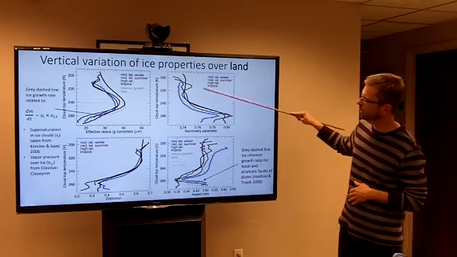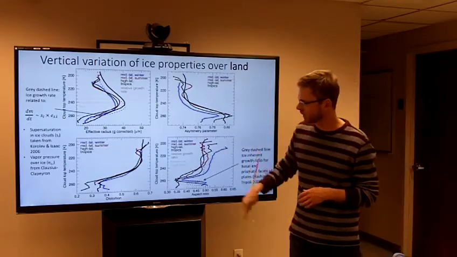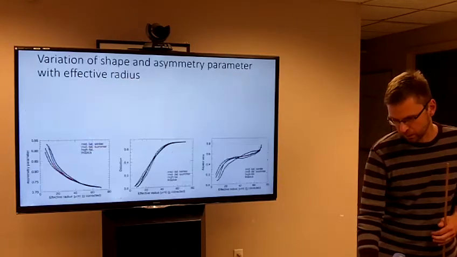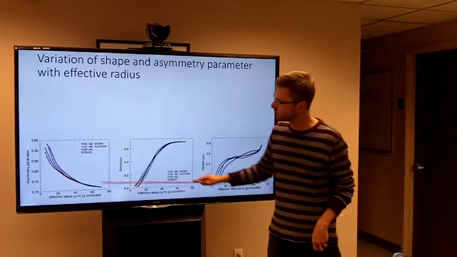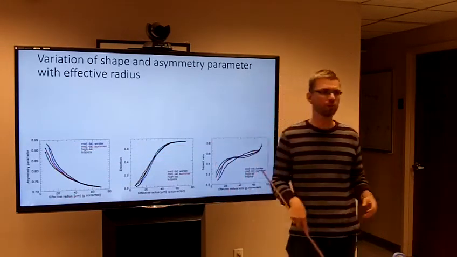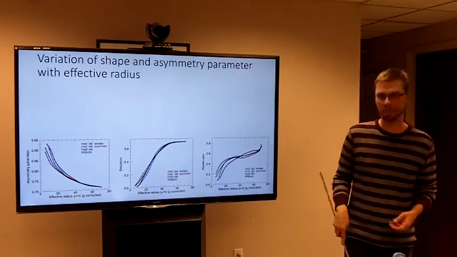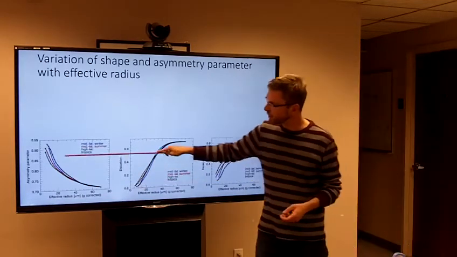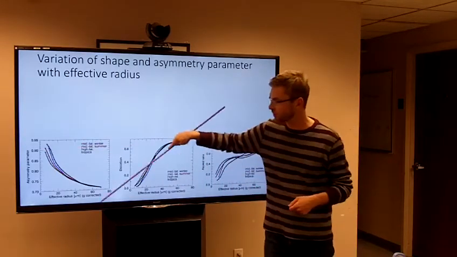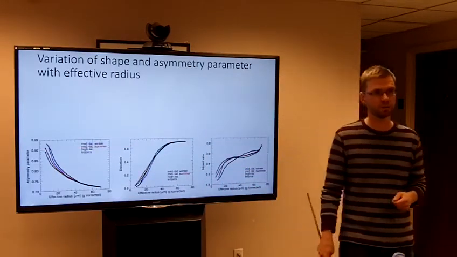I haven't talked about the asymmetry parameter and the distortion yet. For that, I want to plot them in a different way. This is the asymmetry parameter as a function of the effective radius. You can see that the asymmetry parameters are highest for small particles and that they decrease with effective radius.